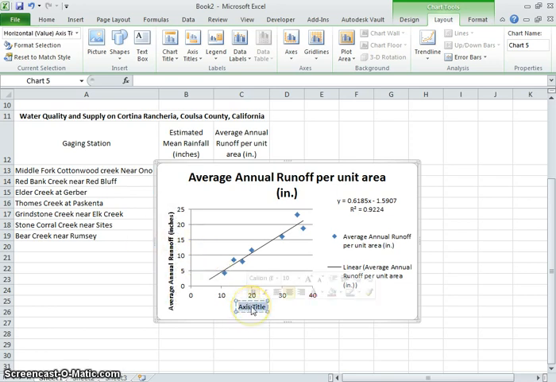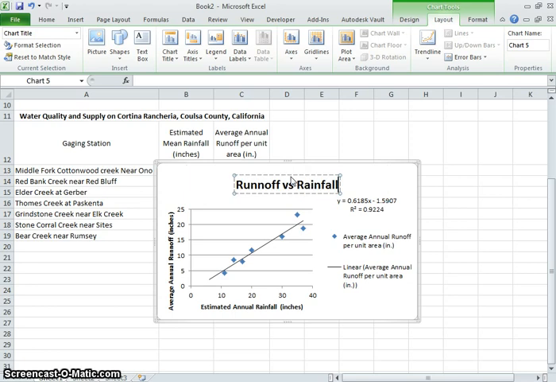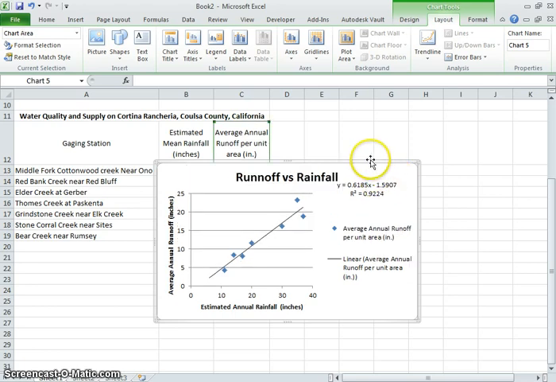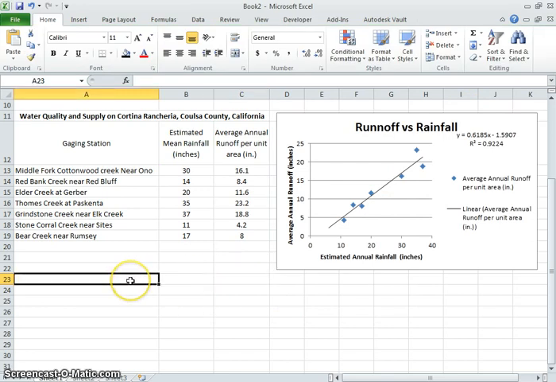If I highlight this, I can type in estimated annual rainfall in inches. And the actual title should be runoff versus rainfall. I'll move this up here, and let's take a look at a couple of your other questions.